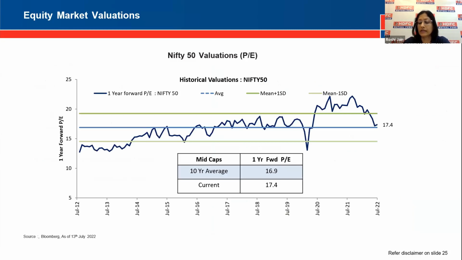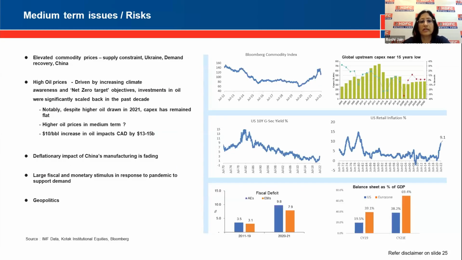The other point and the other risk that we must be cognizant of from a more global perspective is the fact that we are seeing inflationary pressures in most advanced markets, and we are no longer in a world where interest rates are at rock bottom levels.